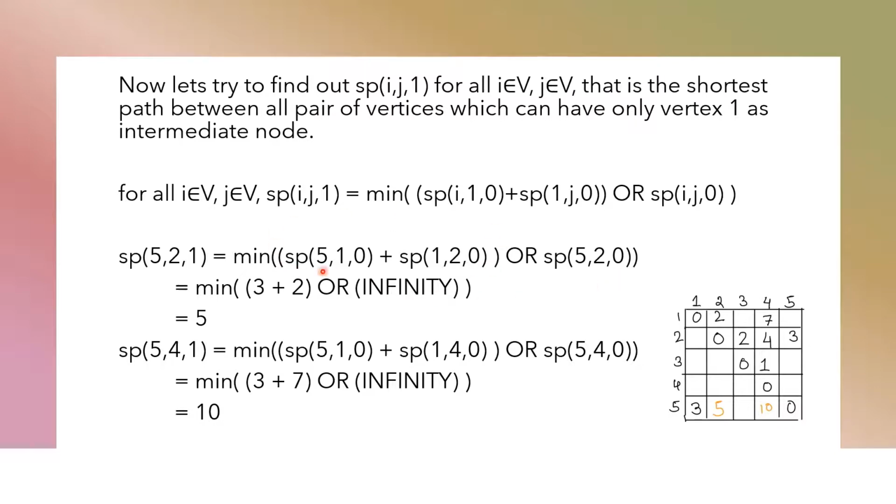We are calculating the intermediate nodes which come in between. This is the minimum of 3 plus 2, which is the distance, and infinity, because they don't have direct contact, so that would be 5. Similarly, we find the other values to fill in the cells here and here.